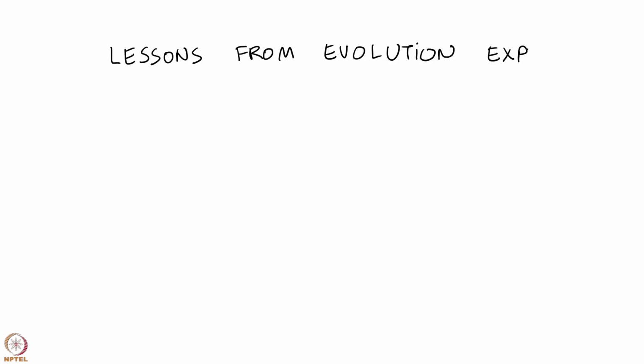And in the last third of the course, we are going to study lessons from evolution experiments in lab. And as has been the case throughout this course, this will be using microbes.